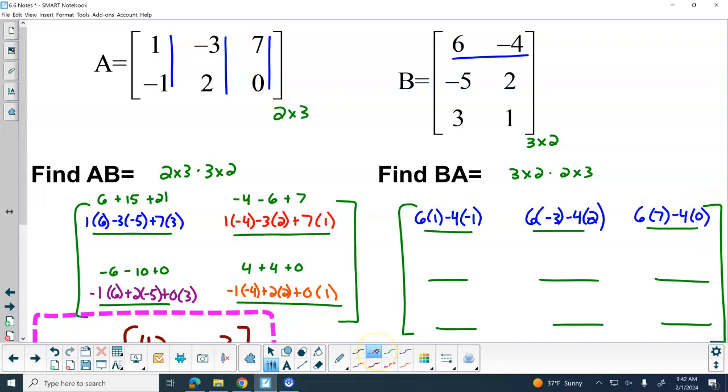Then the second row, first column: negative 5 times 1 plus 2 times negative 1. Then the second column: negative 5 times negative 3 plus 2 times 2. Then the third column: negative 5 times 7 plus 2 times 0.